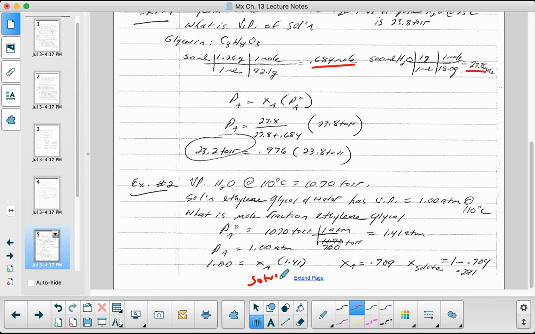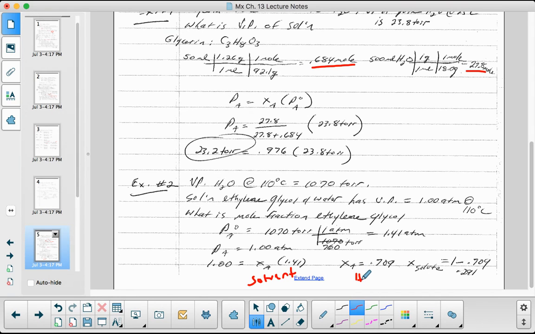Because I'm given the vapor pressure of the pure solvent, which is 1.41. Then I'm given the vapor pressure of the solution once the ethylene glycol is added. So the mole fraction that I get here is for my solvent, water.